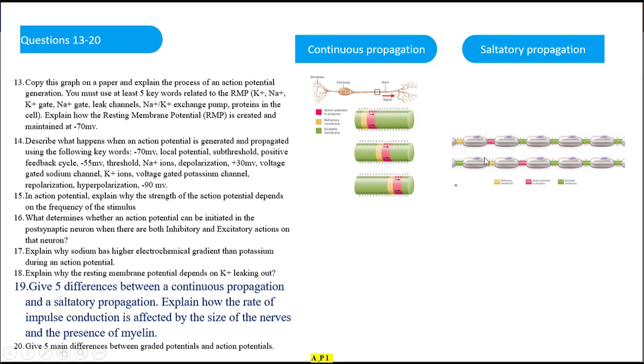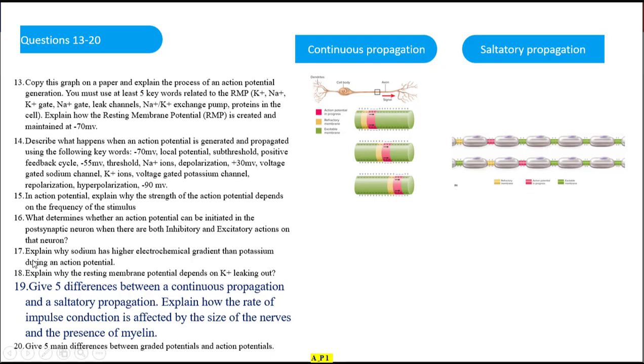But in saltatory, when there is a myelin sheath covering the neuron, the action potential will jump from node to node. Remember, these are nodes of Ranvier, and the myelin area is called the internode. From node to node to node is called saltatory. It kind of jumps from node to node. It's faster. So saltatory is faster than continuous.